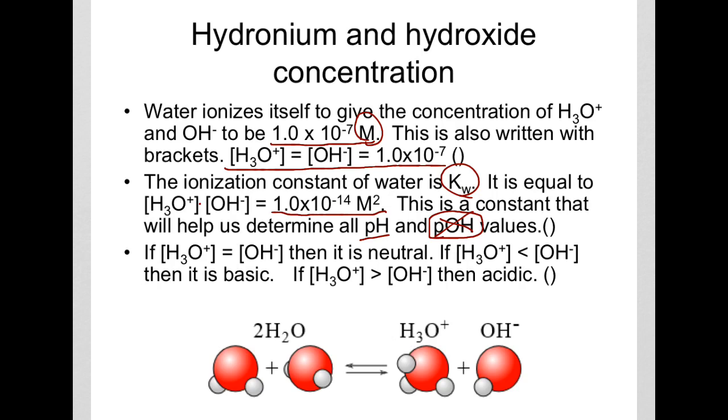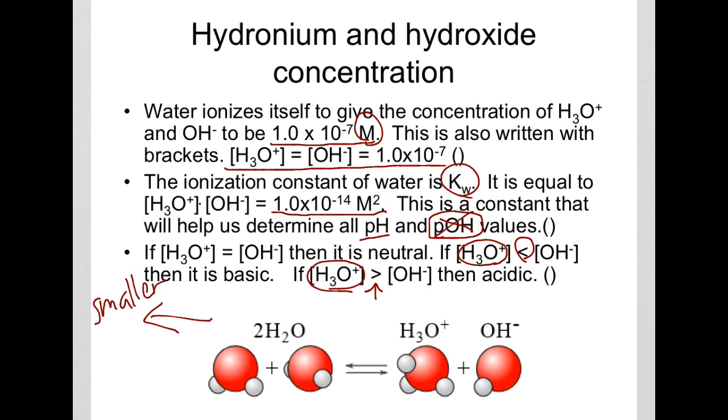So in just looking at these small, weird numbers, if they're equal, then your solution is neutral. If the hydronium is less than your hydroxide, it's basic. If your hydronium is more concentrated than the hydroxide, it's acidic. I never understood how to read these things till I got to college. I always just say that it points at the smaller one.